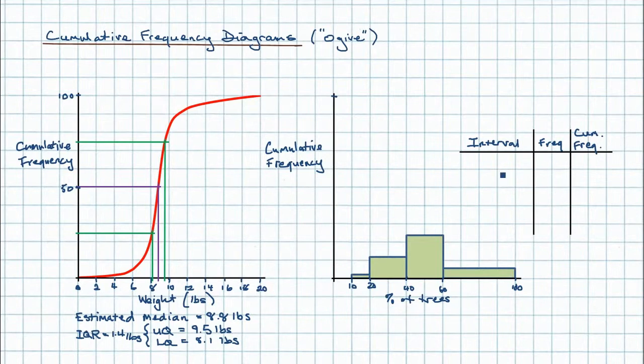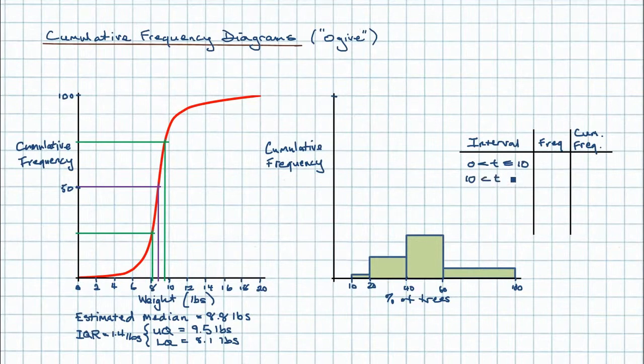So we're going to write now the intervals onto our frequency table. So we've got 0 to 10, so greater than 0, let's call it T, and less than or equal to 10.